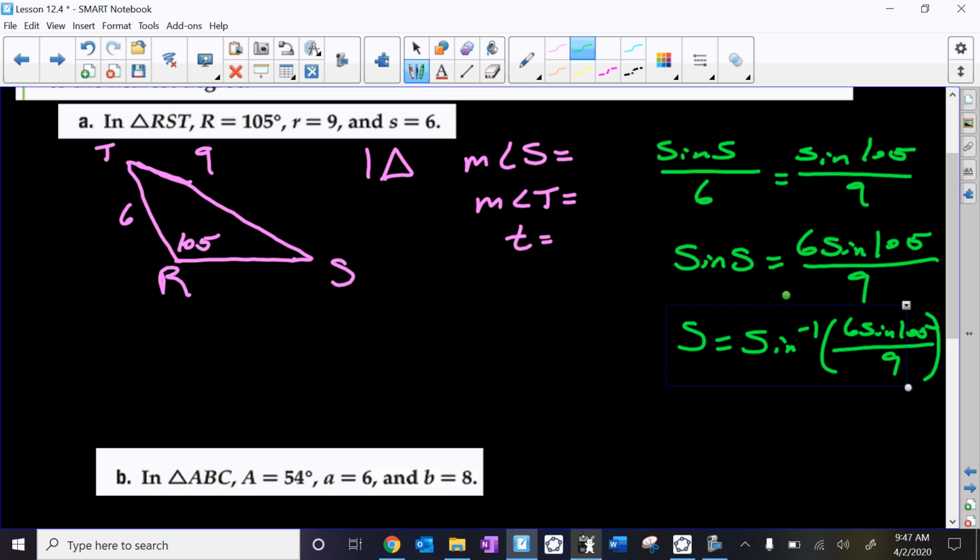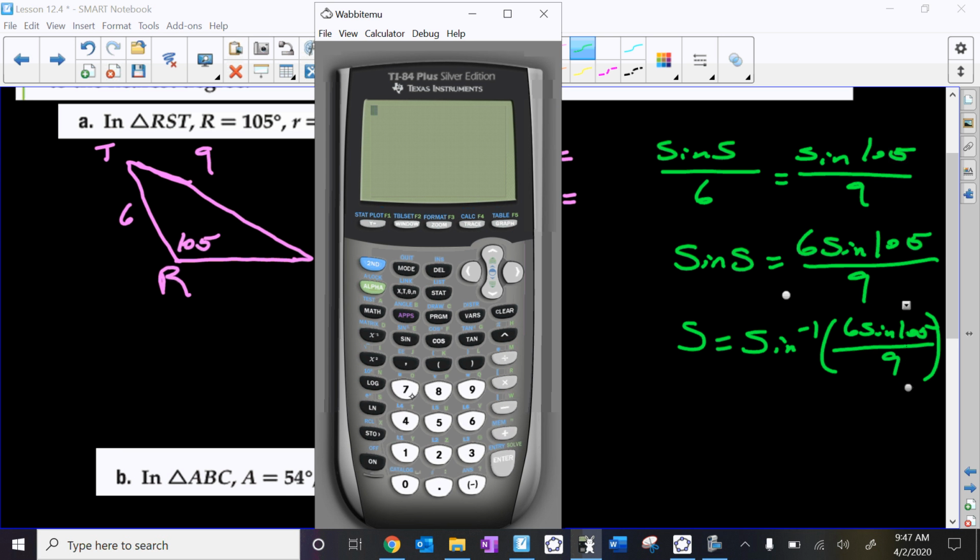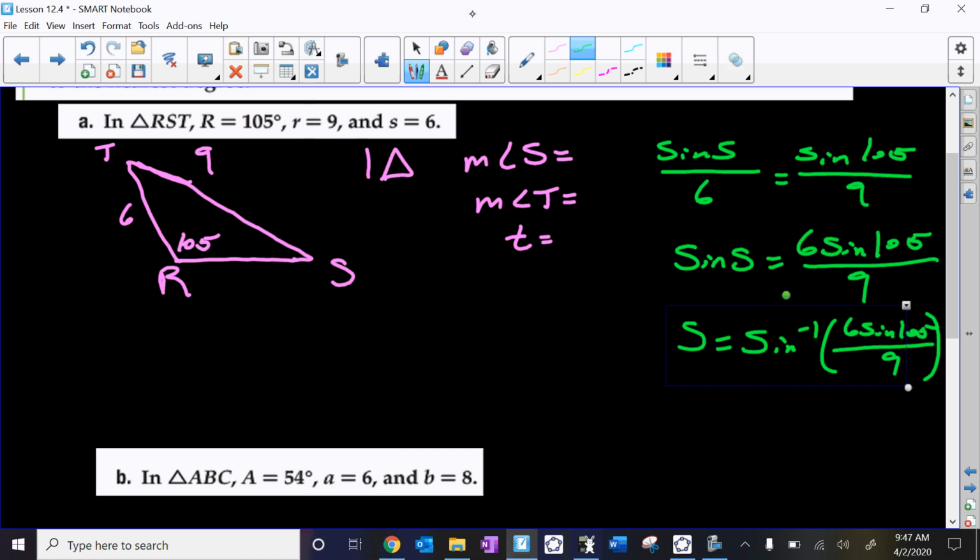And now you may take out your calculators, and we'll plug this in. So second sine, 6 sine of 105, close it off, divided by 9, close again, gets us an angle measure of approximately 40 degrees. We're going to say angle S is 40 degrees.